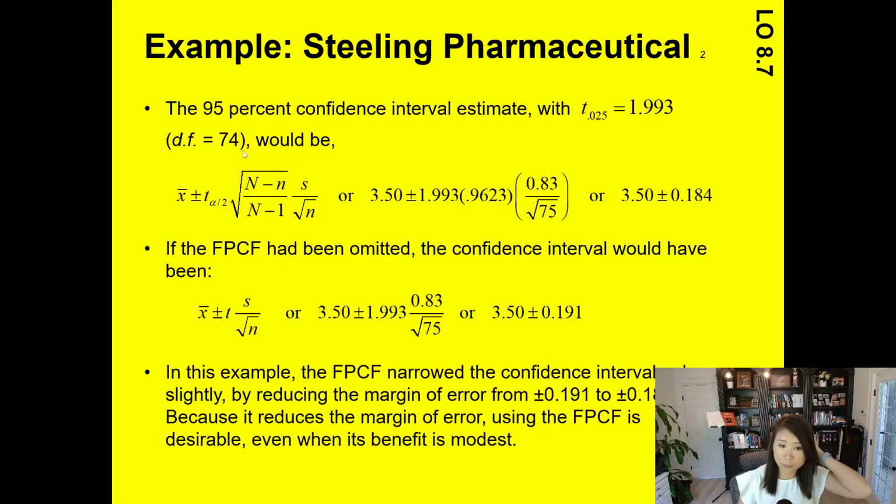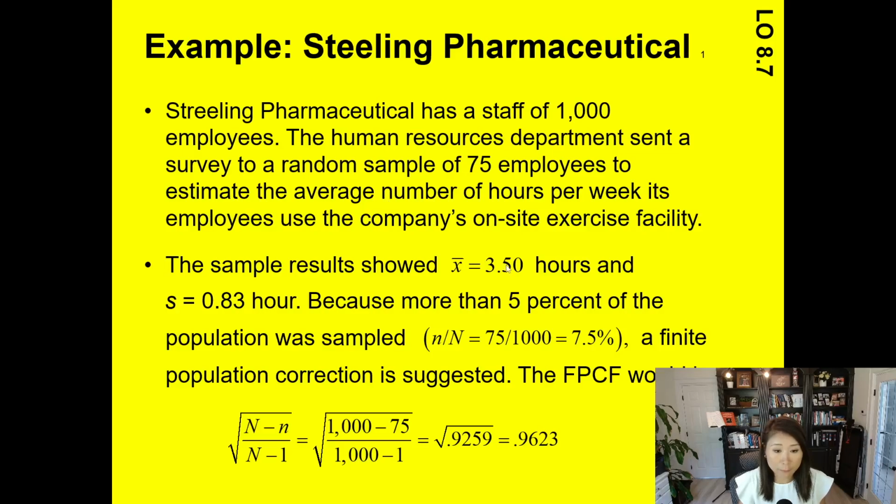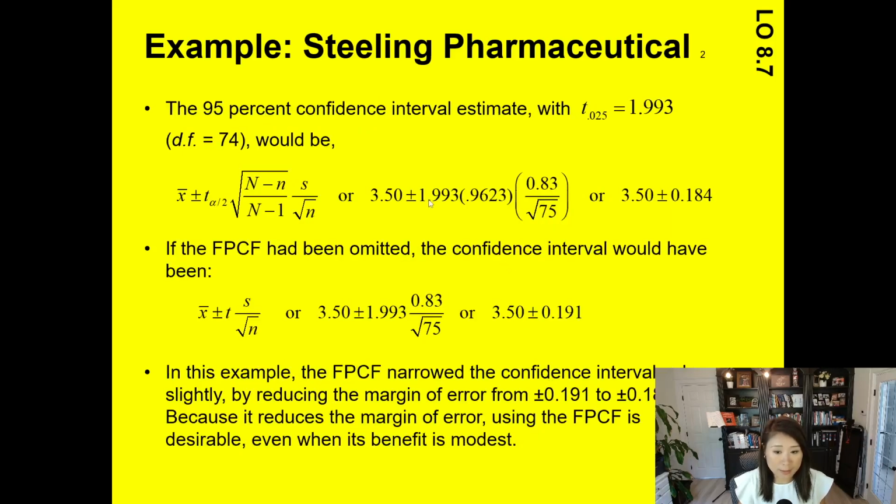The degrees of freedom, remember, is n minus 1, since the sample size n equals 75, minus 1 gives us 74. The x bar, the sample mean we were already given, is 3.5, plus or minus the t statistic times the finite population correction factor, 0.9623, multiplied by the sample standard deviation divided by the square root of n.